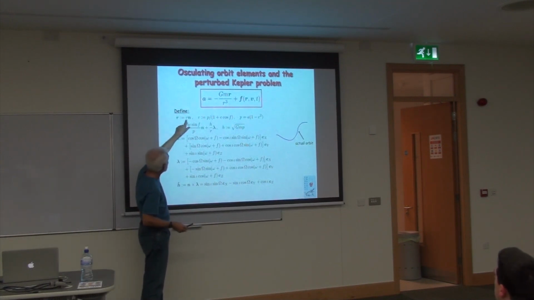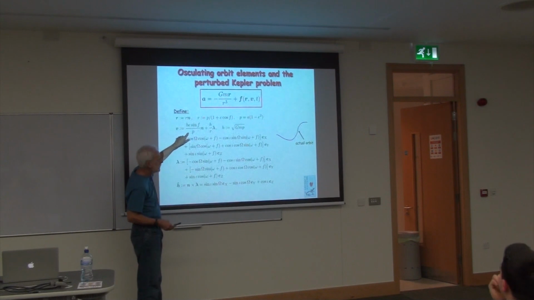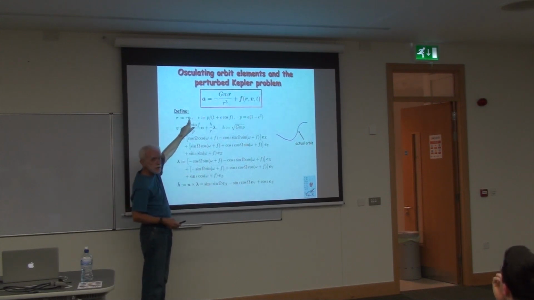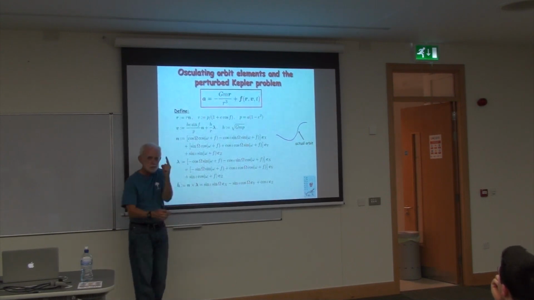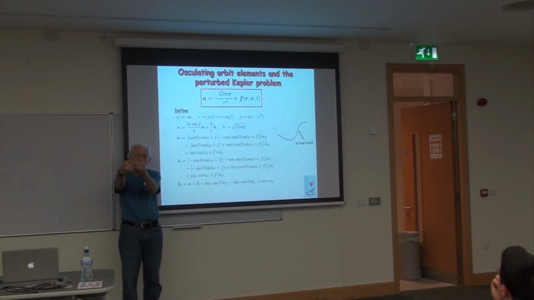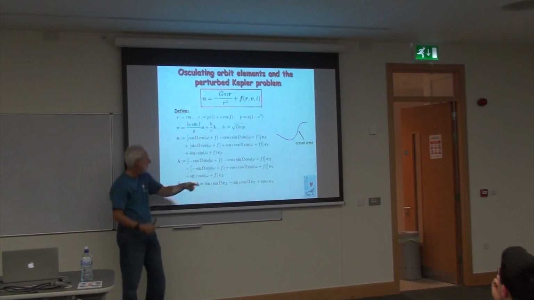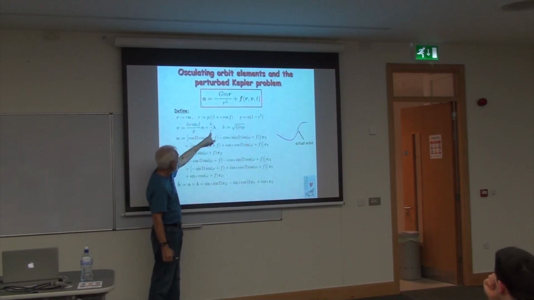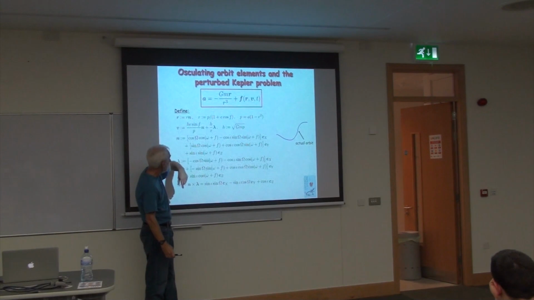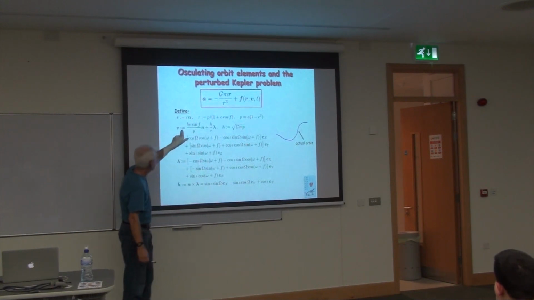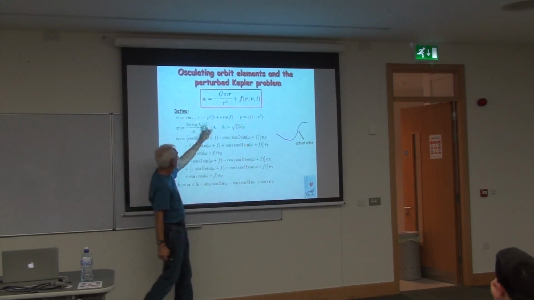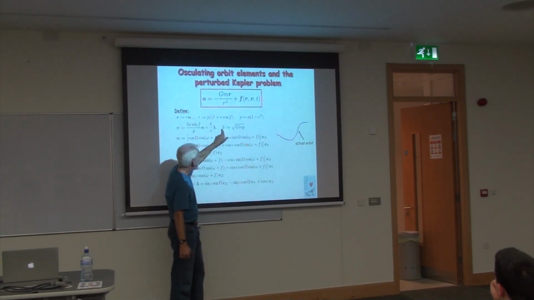If x is r times n, you want to get dx dt, so you get r dot times n, well, this is just r dot, and then you get r times dn dt. Well, dn dt, the rate of change of a unit vector, has to be perpendicular to the unit vector. By definition it's this lambda unit vector, and this is the r times dn dt. Okay, so that defines the velocity. And h is related to p by this definition.